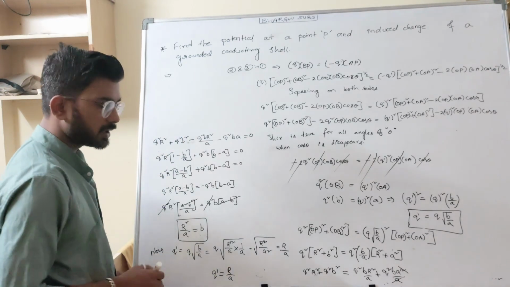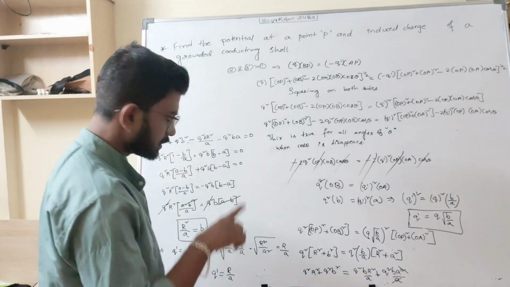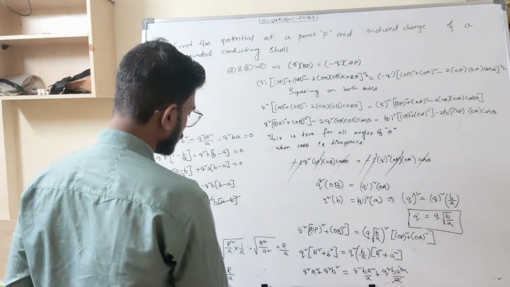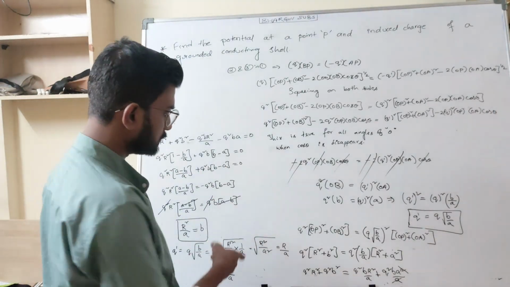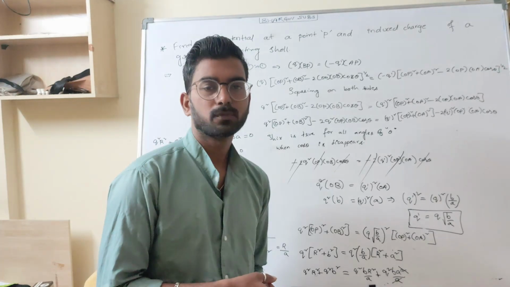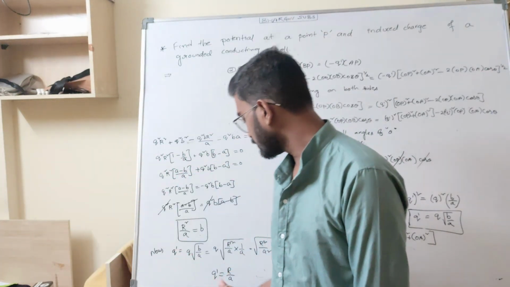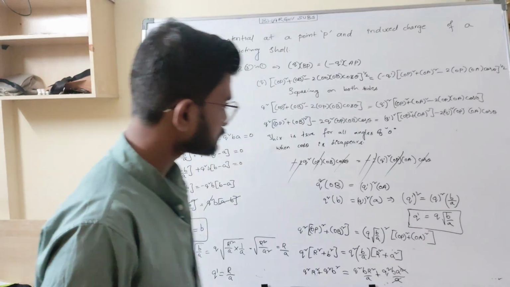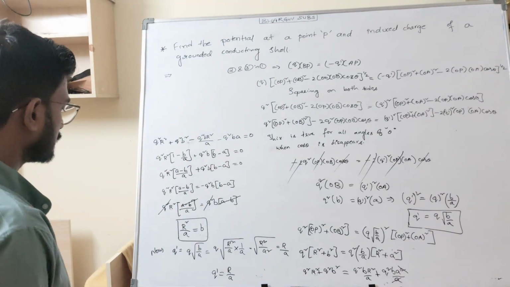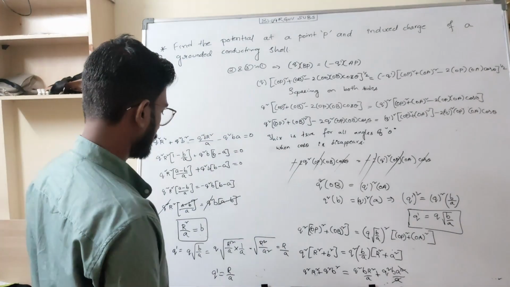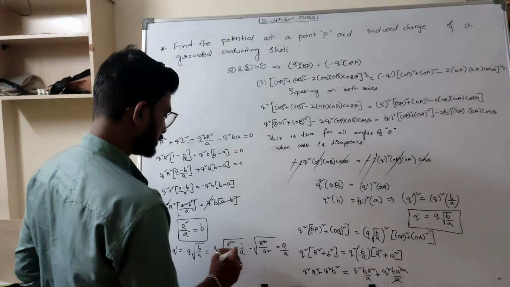So I know the radius of the conducting sphere, and I also know the distance of point A from the origin, small a. Wait, here q was there, no?